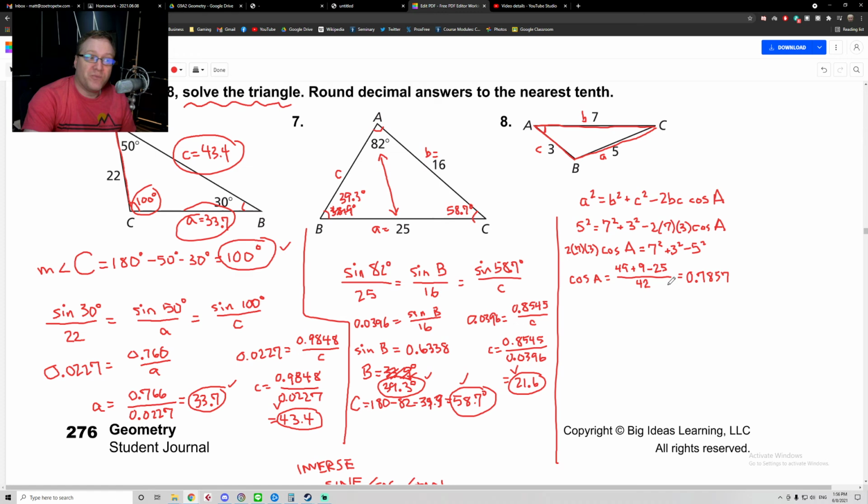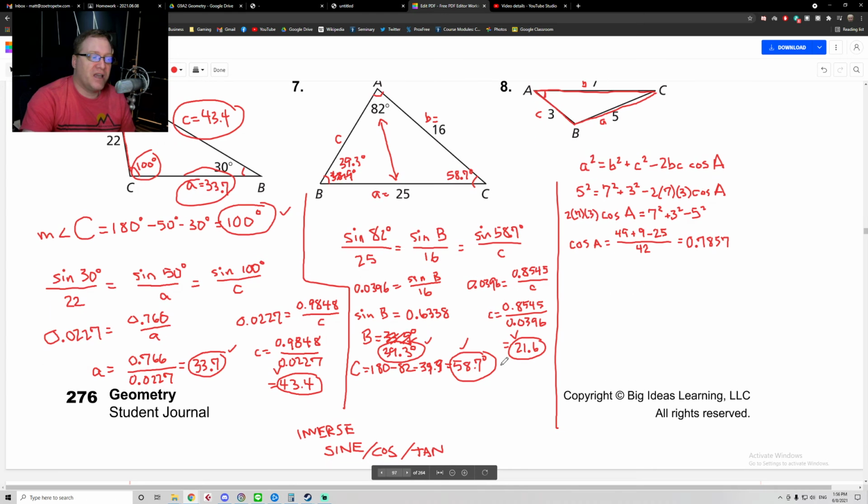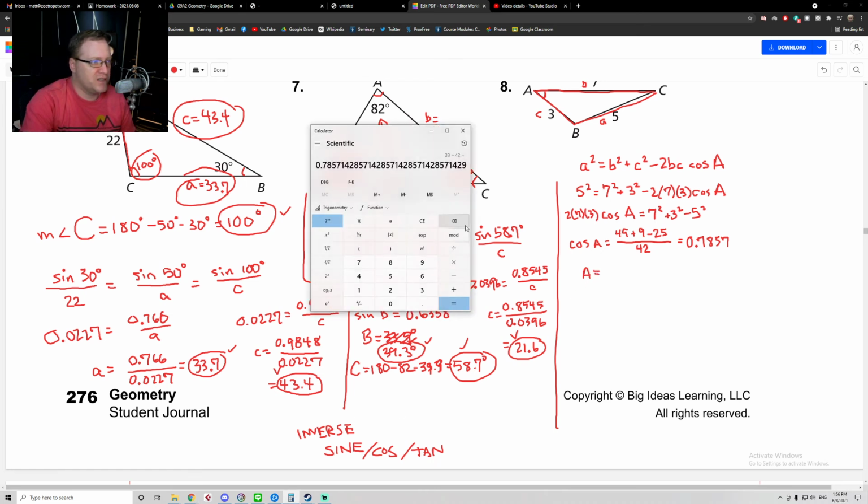But we want the angle of A. So again, we need to use the inverse cosine. So we're going to say that A equals, and the way we do this is we write 0.7857, and we want to find the angle.